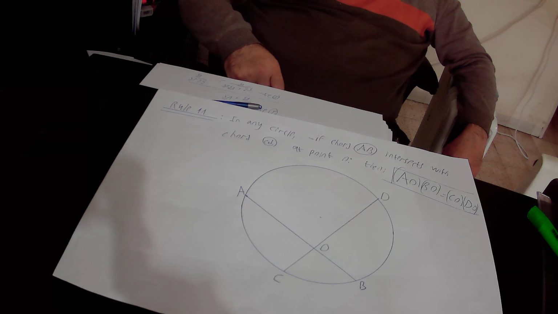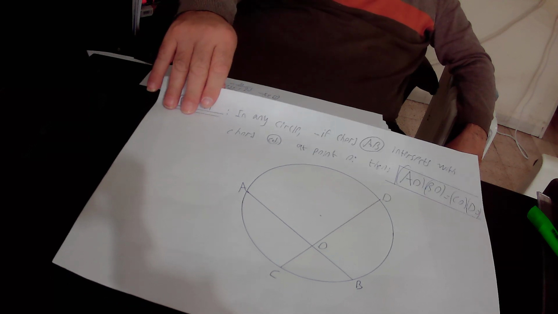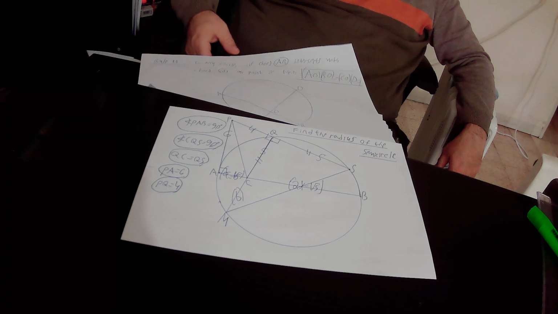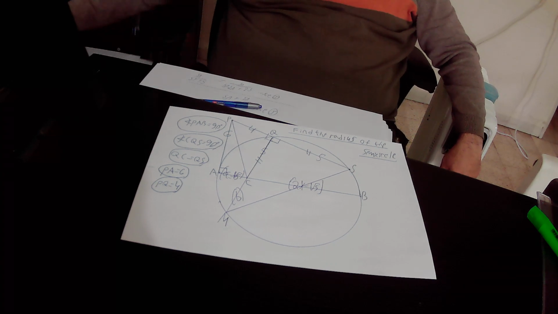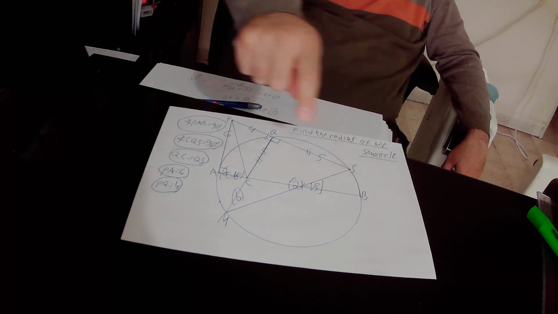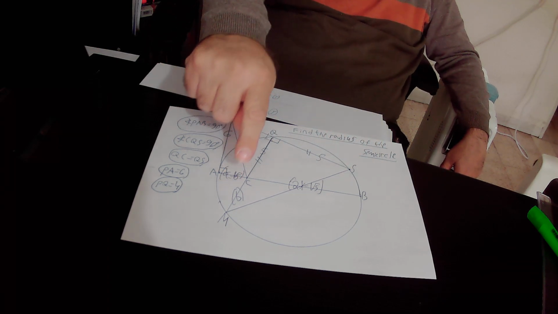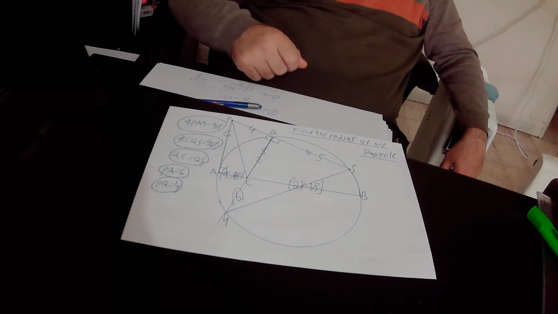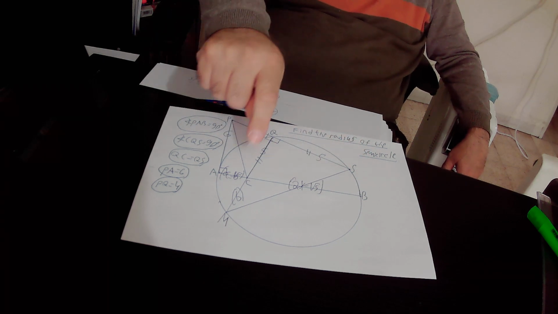We can actually implement rule number 11 in our drawing. Why? Because in our drawing we have chord AB that intersects with chord QM at point C.